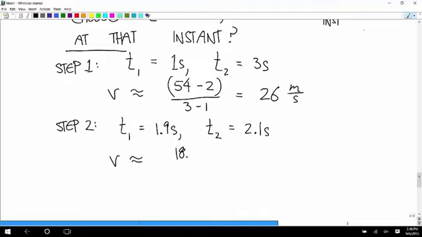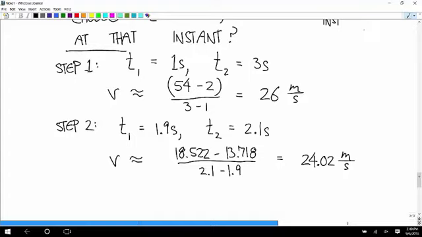Okay, 13.718. And then you have to divide by 2.1 minus 1.9. Can you divide that one for me too? 0.2. So 24.02 meters per second.